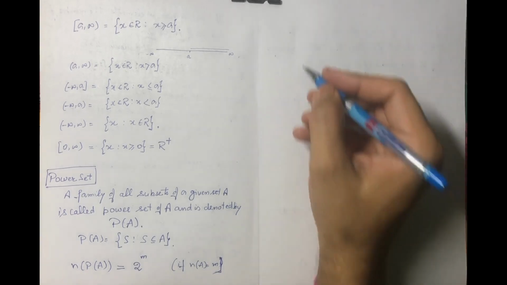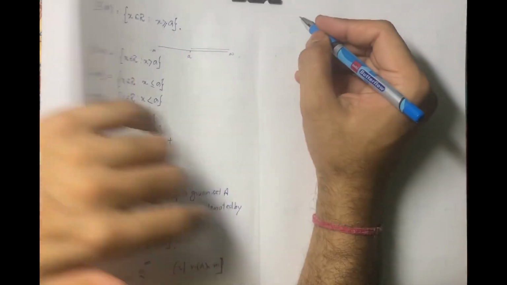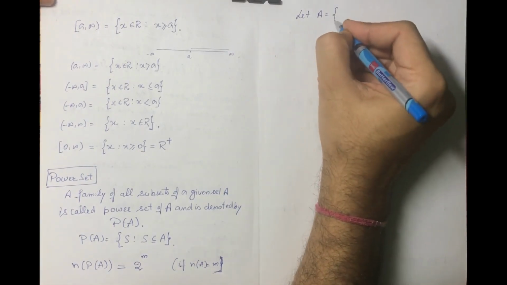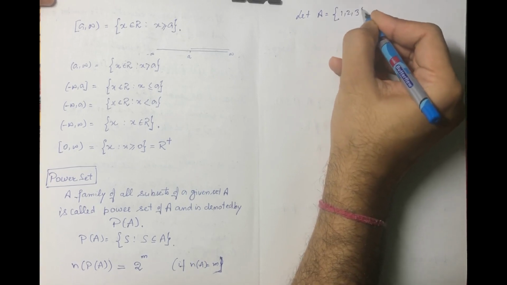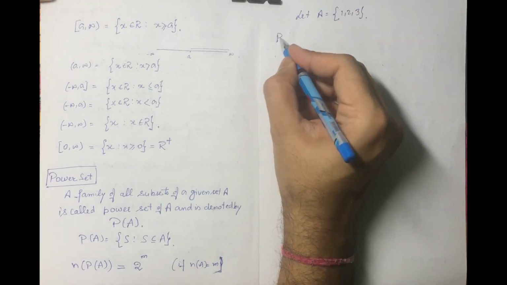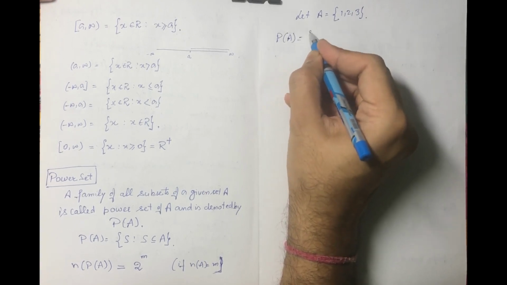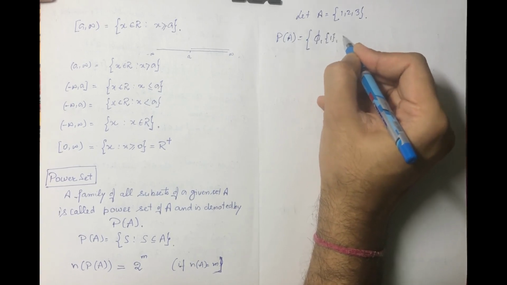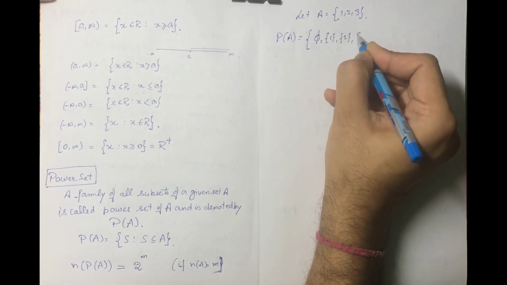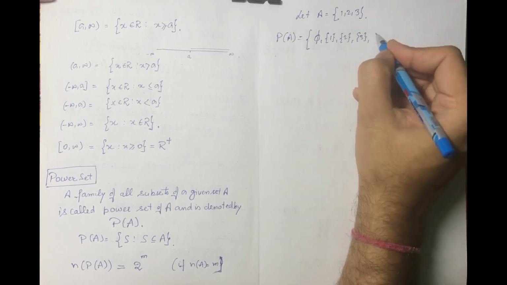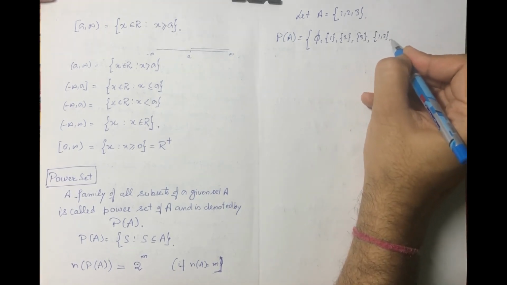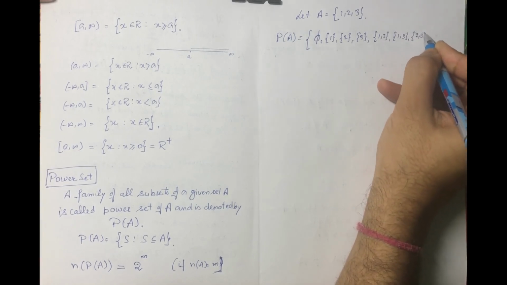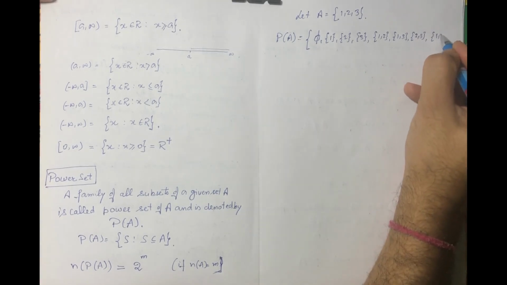Now let us take an example. Let A is equal to {1, 2, 3}. What is power set of A then? Power set of A is empty set, {1}, {2}, {3}, {1, 2}, {1, 3}, {2, 3}, {1, 2, 3}.